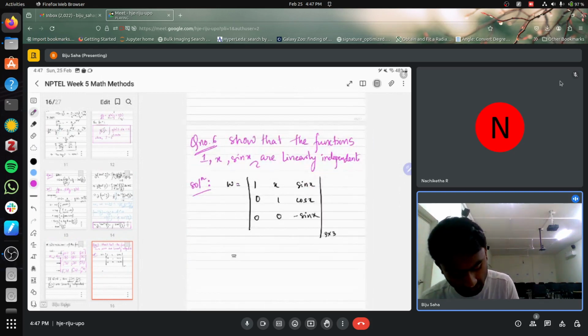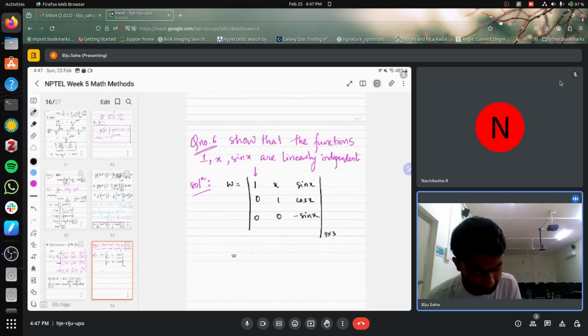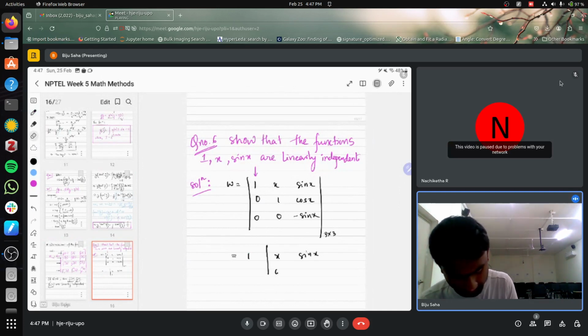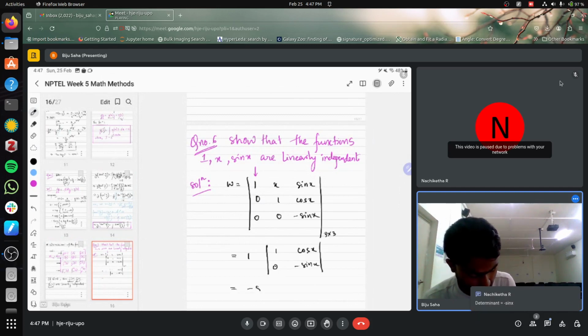Let's expand along the first column itself. So when we do that, we have 1 cos x, 0 minus sin x. Yeah, it came out to be minus sin x.